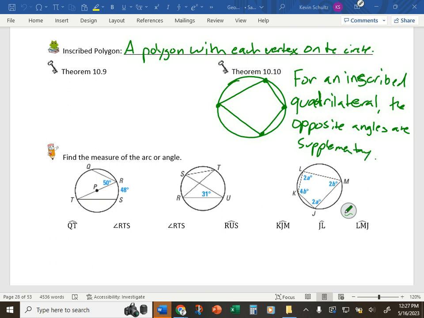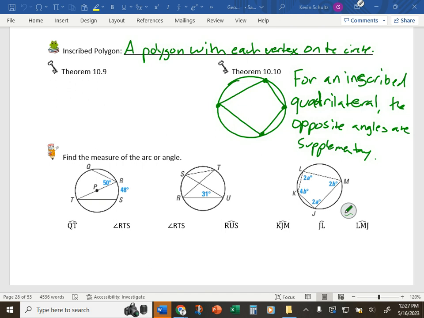For an inscribed quadrilateral, the opposite angles are supplementary, which is different from what we talked about in our quadrilateral unit, because this is not a parallelogram, right? In order for it to be inscribed in a circle, it's not going to be a parallelogram unless it's a square or a rectangle. But the opposite angles are supplementary.